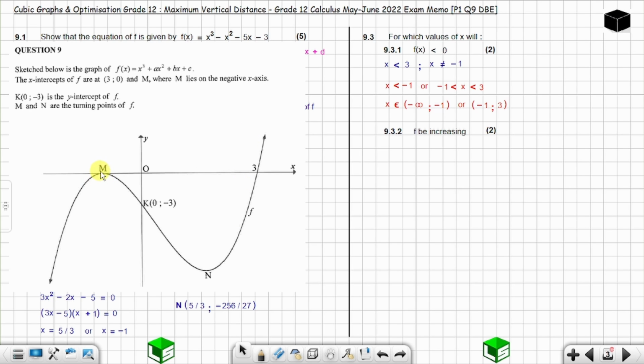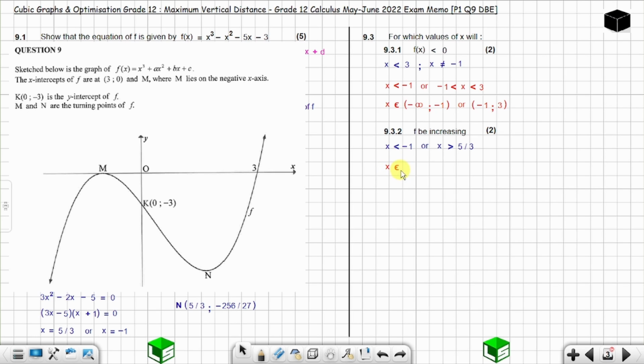So you have x less than negative 1. This is negative 1. Remember from the previous question, x less than negative 1, the graph is increasing, and x greater than 5/3, the graph is increasing. Okay, x less than negative 1 or x greater than 5/3, right? You can also give this answer like this.